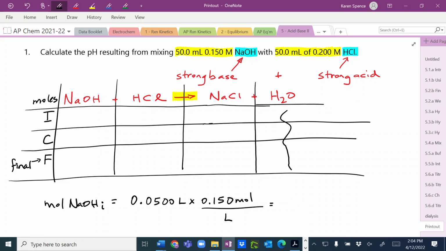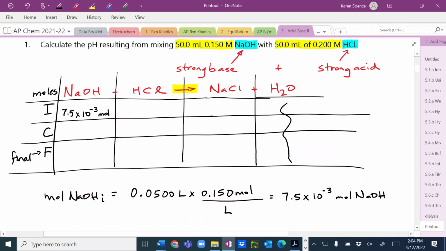It doesn't matter, right? And now I have to do this on a calculator because otherwise I'll put my decimal in the wrong place. Times 0.15 equals 7.5 times 10 to the minus 3 moles of NaOH. So that's my initial moles here, 7.5 times 10 to the minus 3 moles of NaOH.